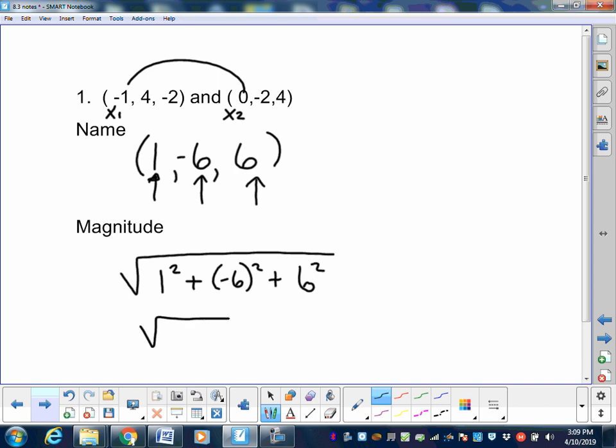And you're going to get 1 plus 36 plus 36, which is equal to the square root. 36 and 36 is 72, and 72 and 1 is 73. The square root of 73 cannot be reduced, so that would be the answer for the test in the book or whatever. So I showed you how to name the vector. I showed you how to find the magnitude of the vector on this page.